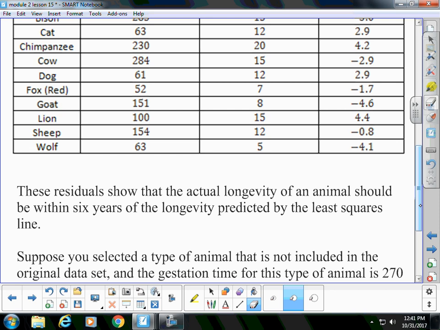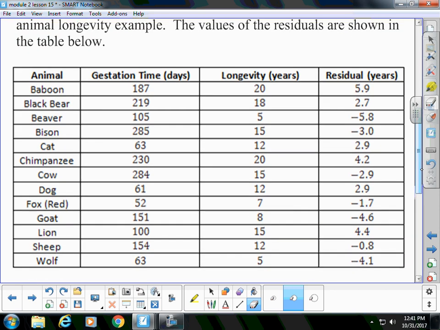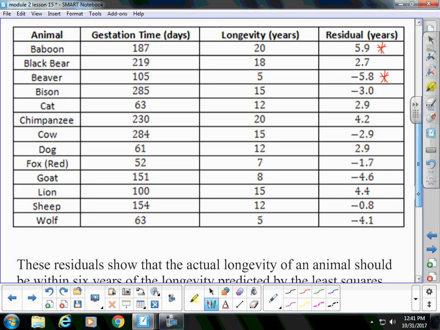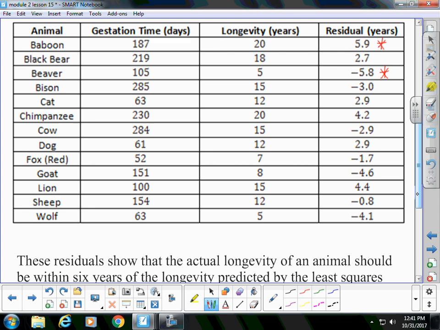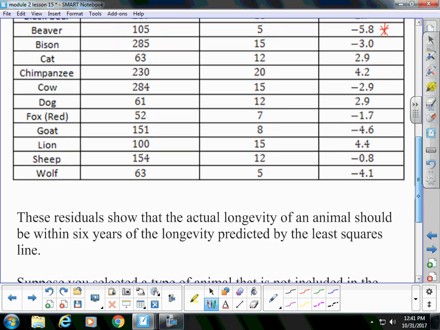If you look at all of these, the highest positive value is right here, 5.9 years, and the smallest negative value is negative 5.8. So that's why they're saying that it should be within 6 years. For this line, the answers are always going to be within 6 years of what the actual value is.